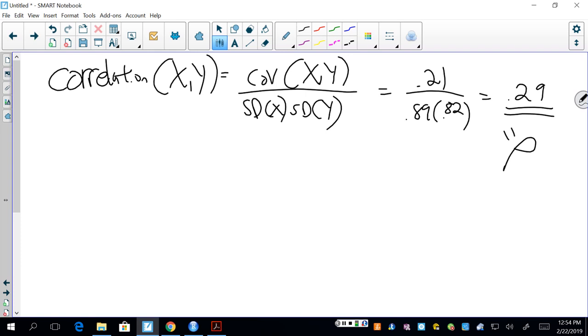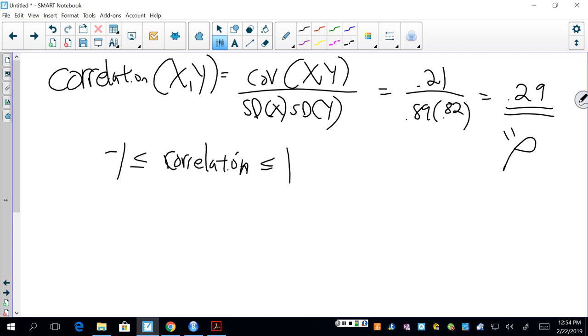So this correlation, correlation values are between -1 and 1. Correlation doesn't have any units.